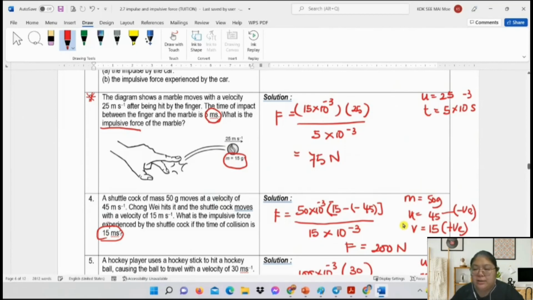Remember the final velocity, we take it as the positive direction. So the formula we follow is V minus U, so your V minus a minus becomes plus. So your final answer has no negative. If you get a negative, then you just add one more sentence: finally, the ball moved in the opposite direction. That's all. So you get negative.